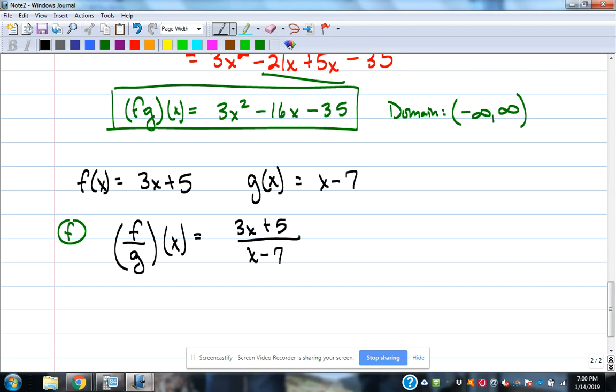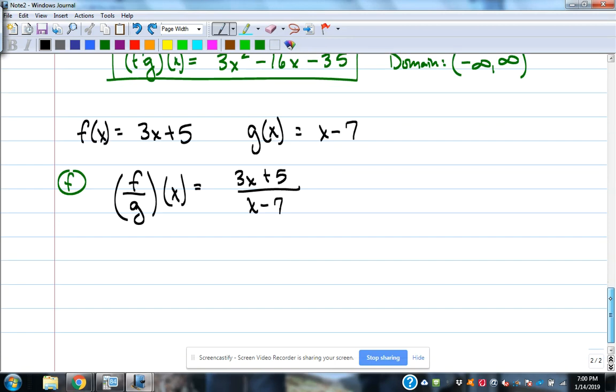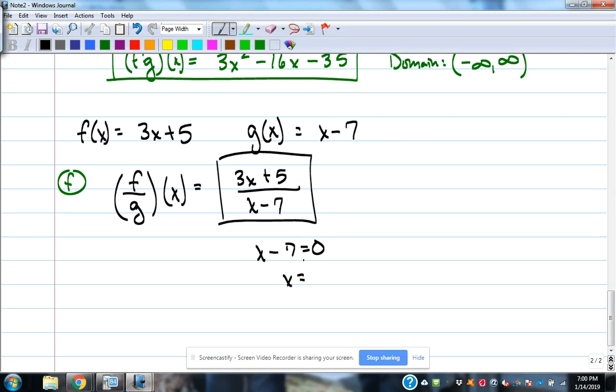Okay, why is this one not negative infinity to positive infinity? Yeah, and we got a red flag there. You got an x in the denominator. So that tells us, okay, this may be what the function is, and there's nothing else I can do to that. But the domain, I've got to set x minus 7 equal to 0.